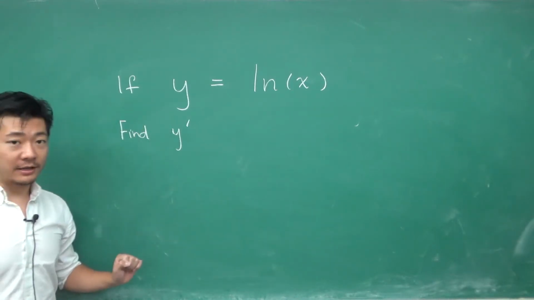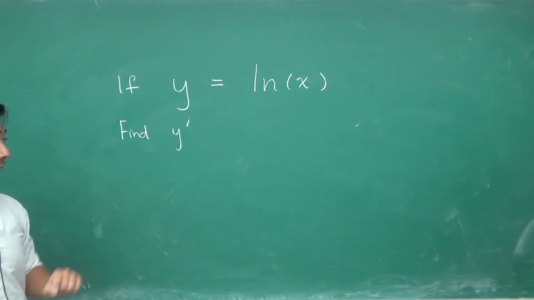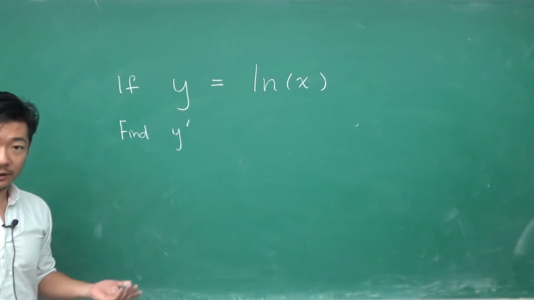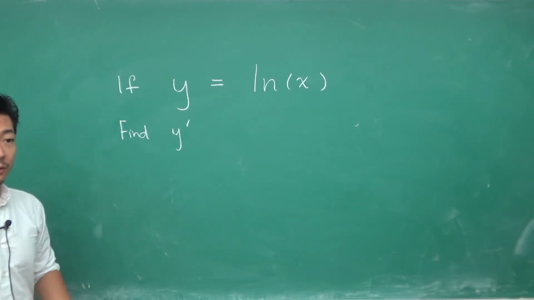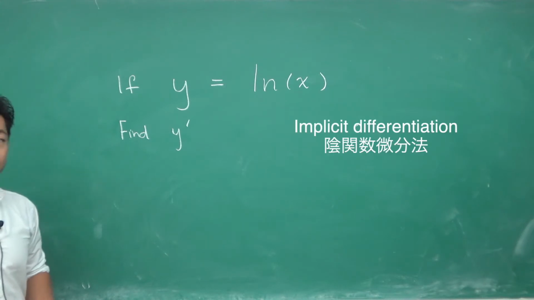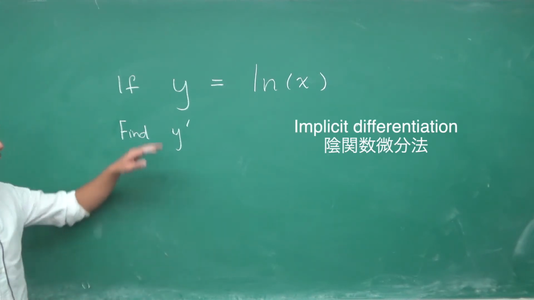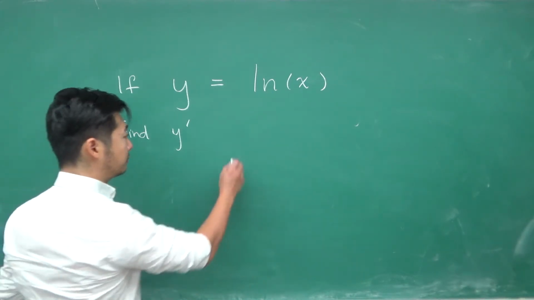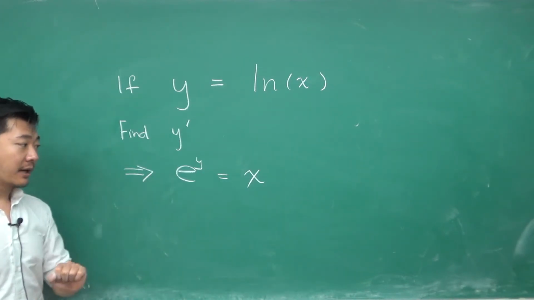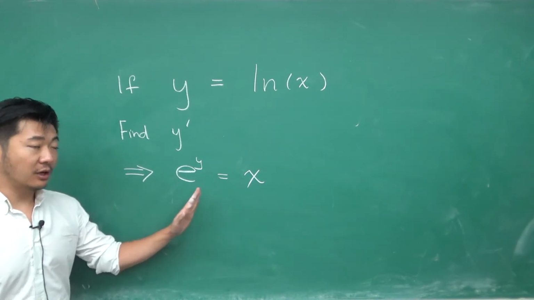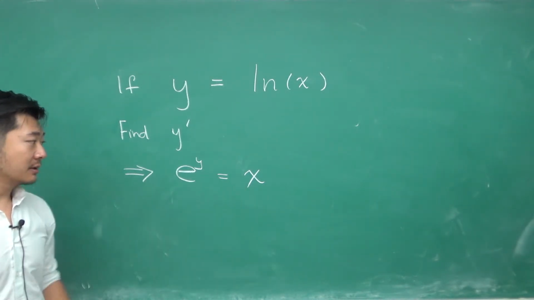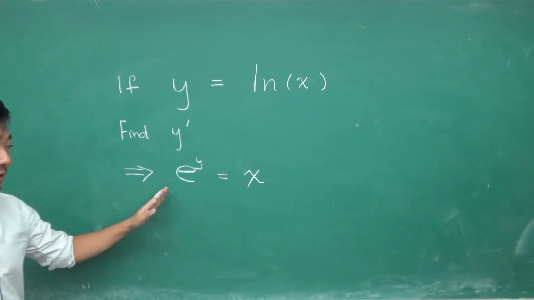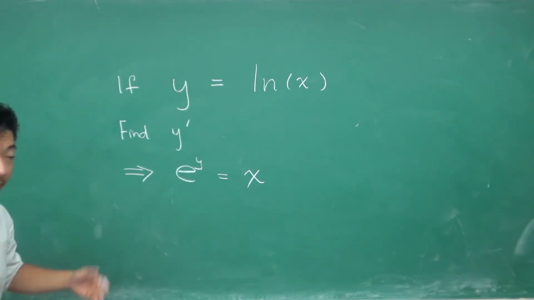If y equals natural log of x, then how can we find the derivative? We can of course write out the definition of the derivative, but there's actually a quicker way to do this using implicit differentiation. Now, y equals natural log of x is equivalent to e to the y equals x. And now we differentiate both sides with respect to x. We have to use chain rule. The derivative of the exponential function with base e is itself.